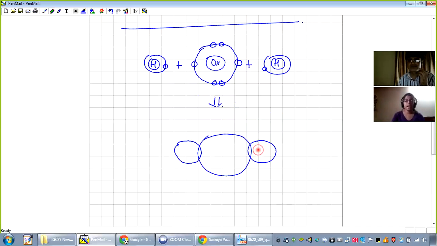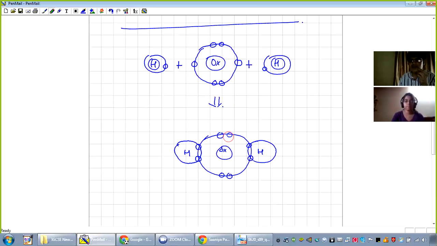Here is the single electron of the hydrogen. They share it. One oxygen atom shares one of its electrons each with 2 different hydrogen atoms, and of course the other electrons remain unaffected.